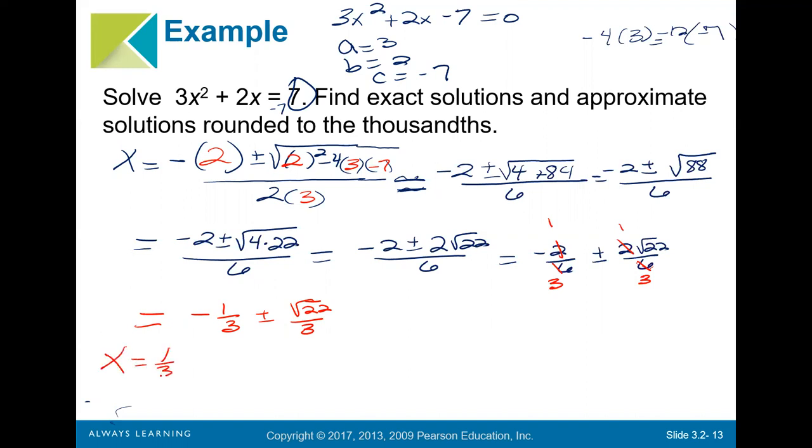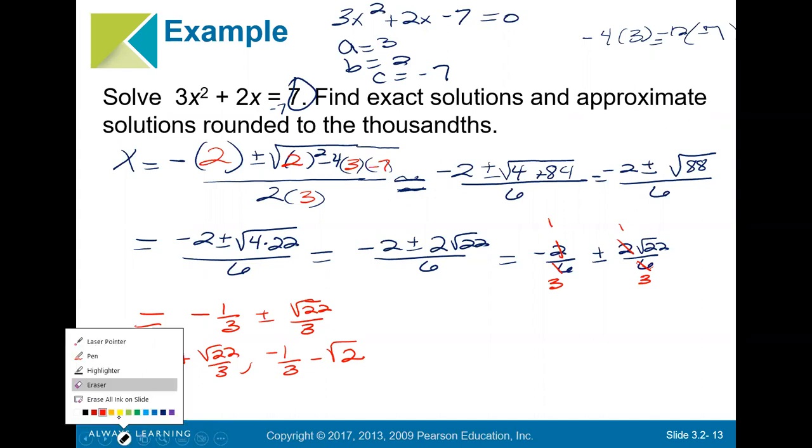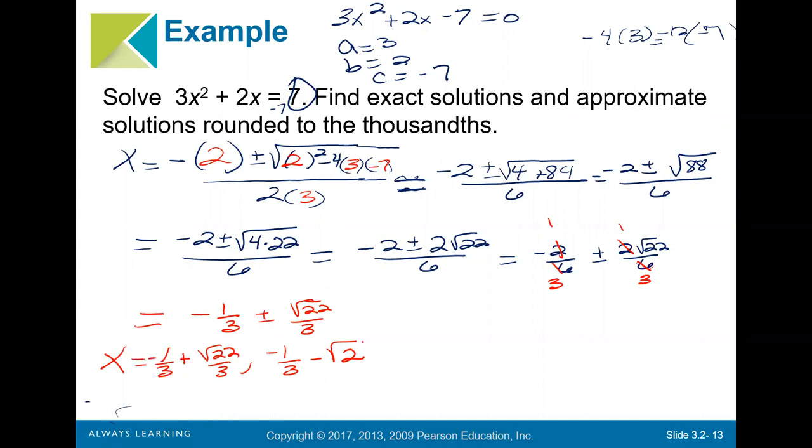I'm going to rewrite it where I have 2 answers. Don't forget your negative sign. However, it did ask for approximation, rounded to the nearest thousandths. So now I'm going to put an approximation sign, and I'm going to get a number for that one, and I'm going to do one here.